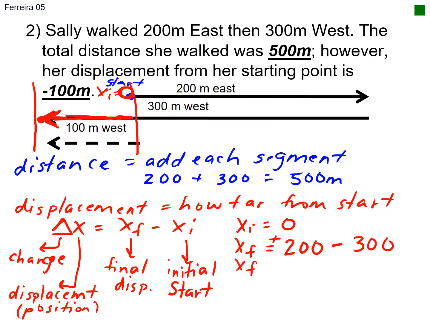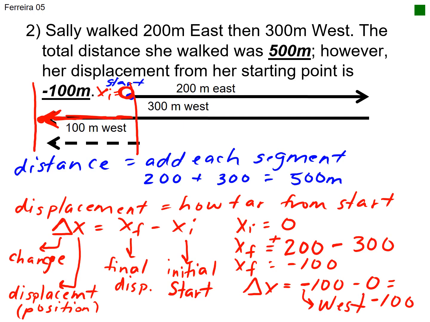So her final position, xf, is negative 100. So the change in position is negative 100 minus 0, which is equal to negative 100. Remember that these negatives mean west. It's a little confusing, but with more practice, finding the displacement becomes much easier.